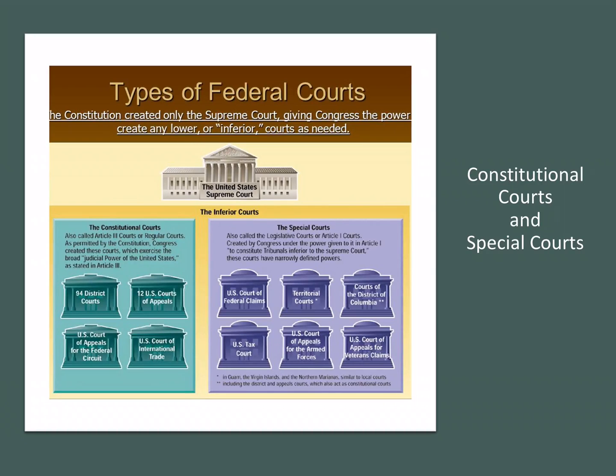But there are other courts, and in fact, all of them were created by Congress because only the Supreme Court was created by the Constitution. And all of these courts were created as needed, right? So the Supreme Court, I mean, there are hundreds and hundreds of thousands of cases that go through the court systems today. So there's no way the Supreme Court could handle all of them.